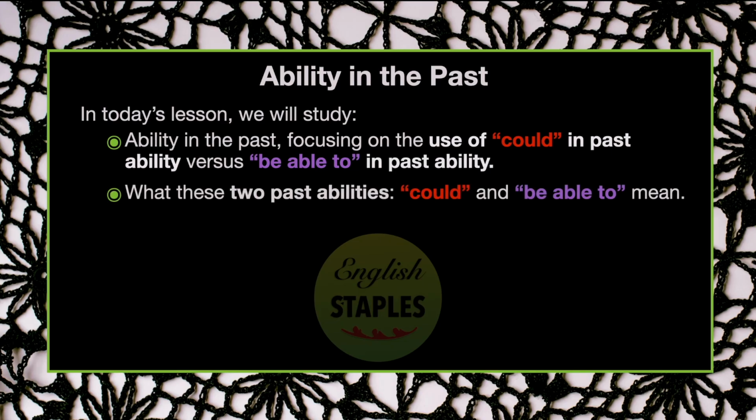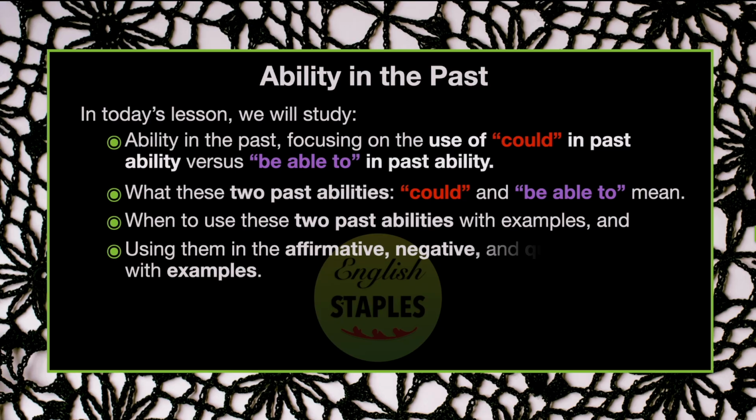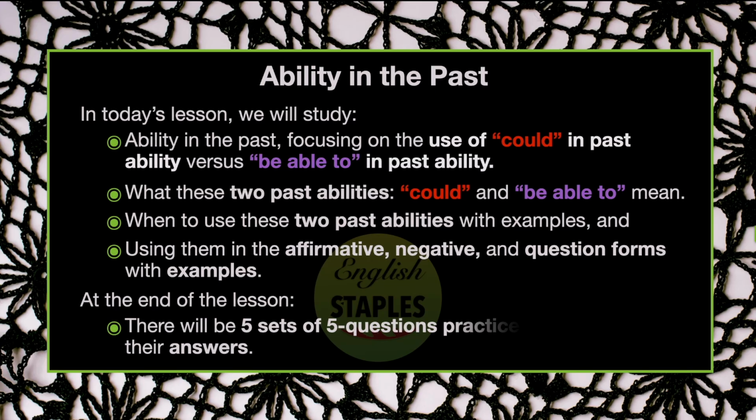What these two past abilities, could and be able to, mean, when to use these two past abilities with examples, and using them in the affirmative, negative, and question forms with examples. At the end of the lesson, there will be 5 sets of 5 questions, practice exercises, and their answers.